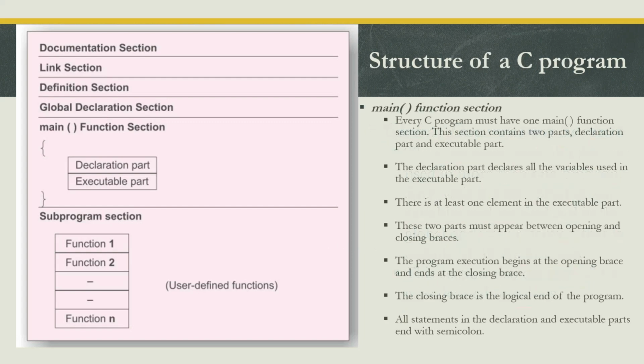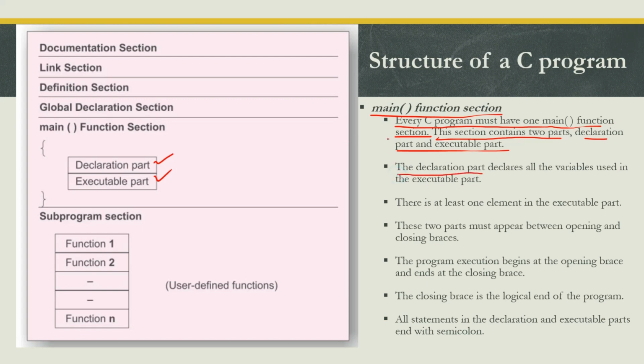Now let's move further. Then our main function section. Every C program must have one main function section. You must have this main function in your program. This section contains two parts, declaration part and executable part. What is the use of the declaration part?